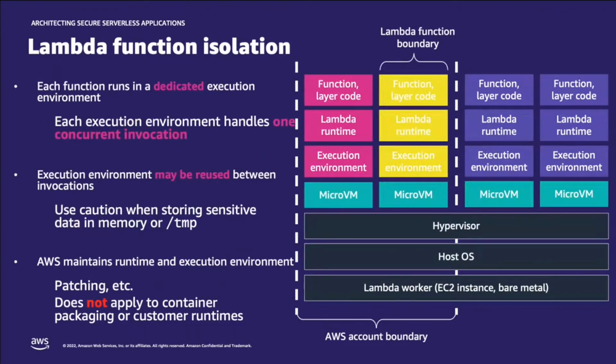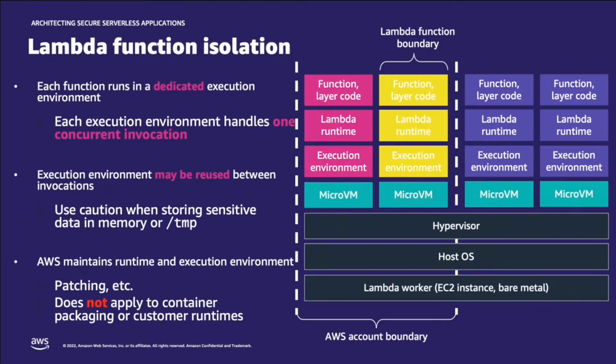So we need to remember the way a Lambda function is isolated. So what does the Lambda function isolation look like? Remember, when we say micro VM, we are speaking about a lightweight virtual machine, and to stand up this micro VM execution environment, the Lambda runtime, where the function will be running, there are workers that stand up all of this environment.